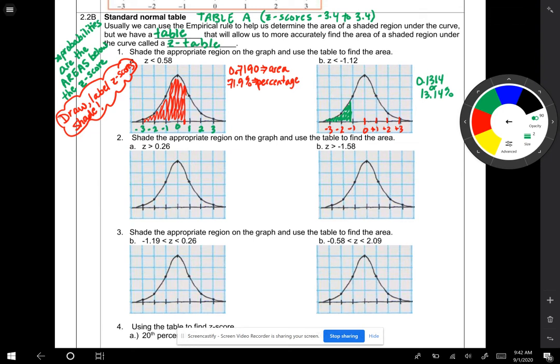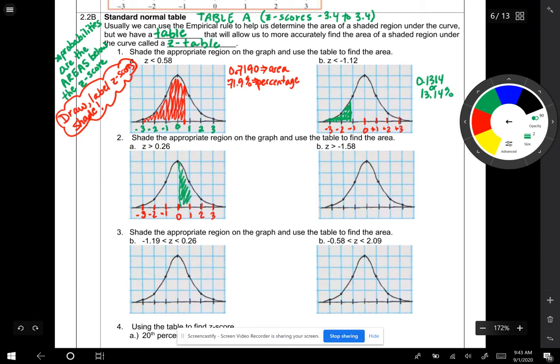Okay, let's do something a little bit differently. Shade the appropriate region on the graph and use the table to find the area. Again, 0, 1. I think on your homework, you might have to do this one. Right here, 0.26 would be around here.